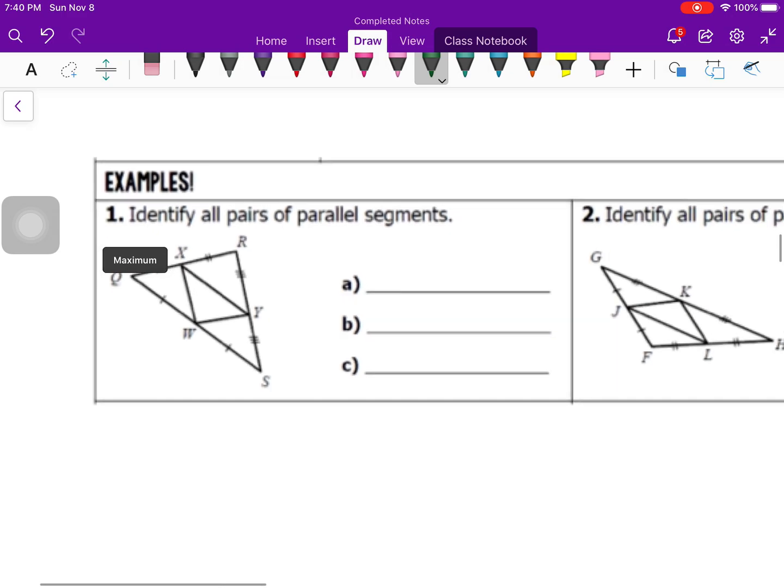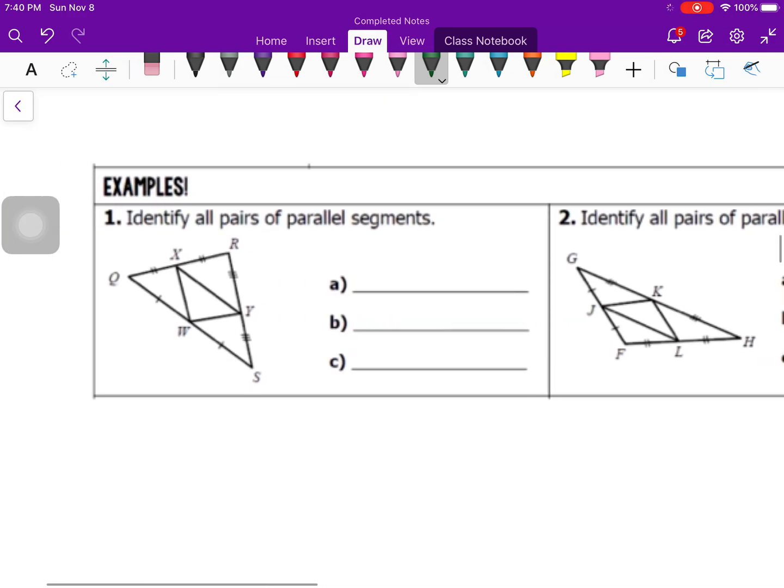So let's look at example 1. It says identify all pairs of parallel segments. These are all the midpoints of the sides, so we have three midsegments. We have this midsegment, XW, which will be parallel to this side right here, RS.